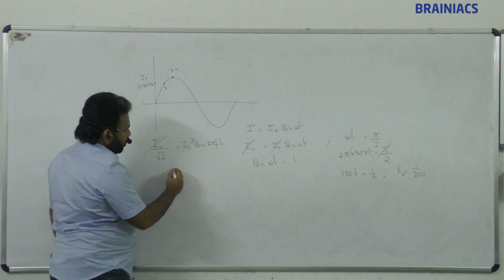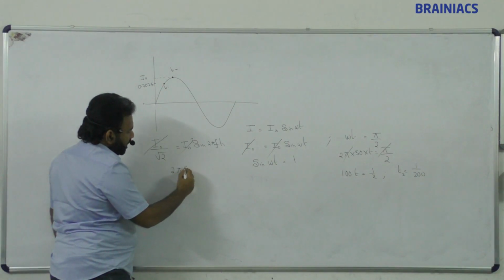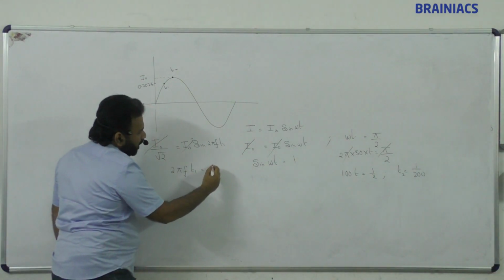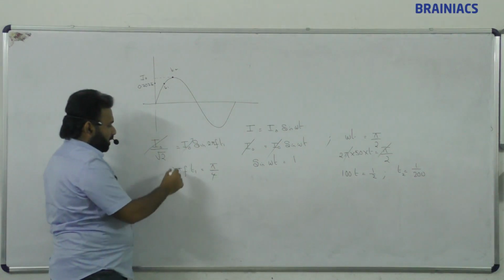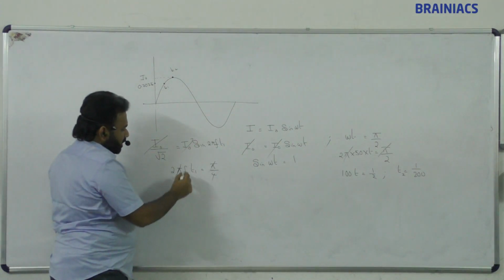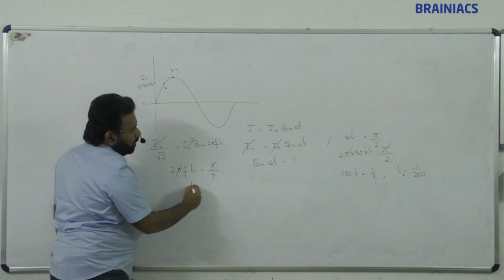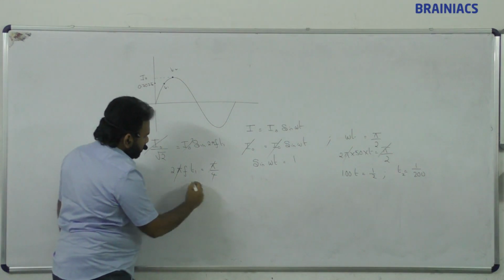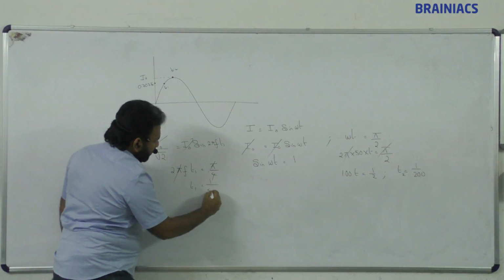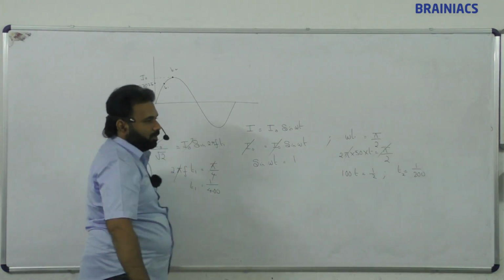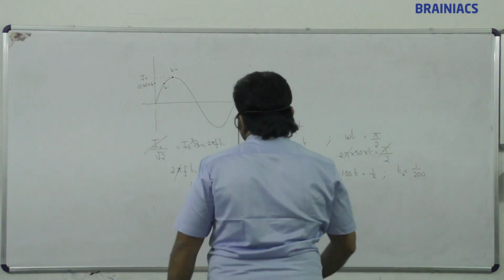So 2 pi f T1 is equal to pi by 4. With 2 pi f being 100 pi, this gives 1 by 400. Done. So T1 and T2 we got.